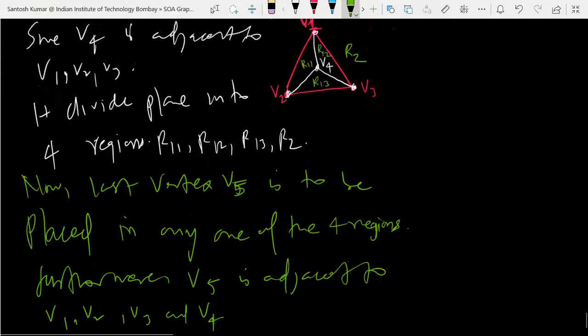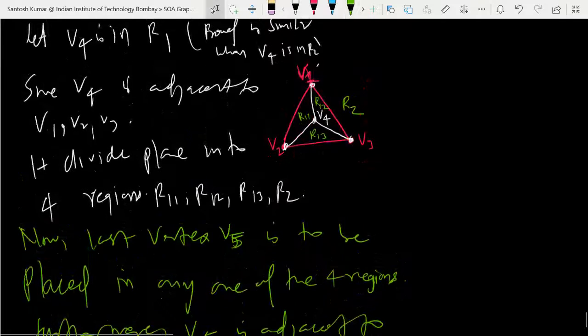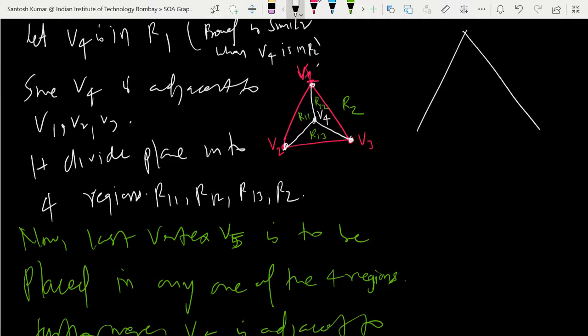Okay, so let me show you. So V1, V2, V3, V4, you take V5 in R11.